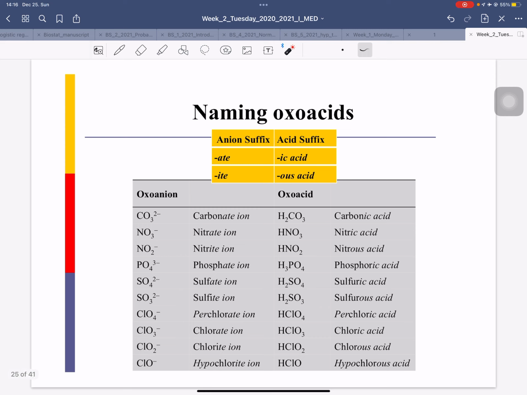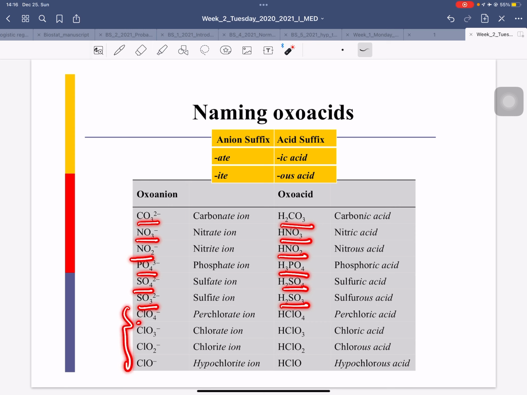Okay, the rule: -ate converts to -ic acid, -ite converts to -ous acid. Carbonate, carbonic acid; nitrate, nitric acid; nitrite, nitrous acid; phosphate, phosphoric acid; sulfate, sulfuric acid; sulfite, sulfurous acid.